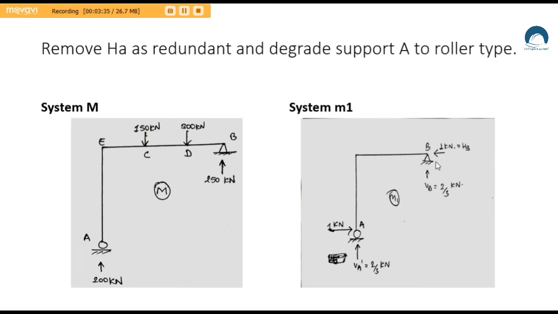In the same manner, we have added a redundant load at A, and due to this load we get a horizontal reaction at support B also equal to 1, and due to this horizontal reaction we get the vertical reaction on support B and A equal to 2/3 kilonewton.